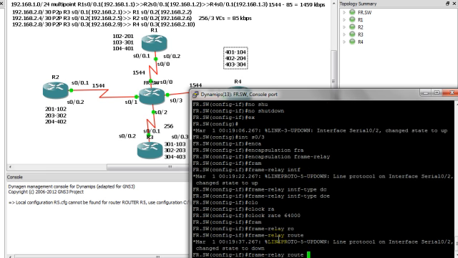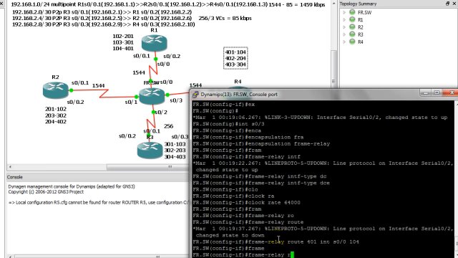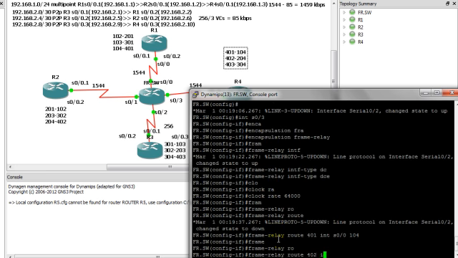Frame relay route from 401 to exit through serial 0/0, which contacts with router 1, with 104. Frame relay route 402, interface serial 0/1 with 204.